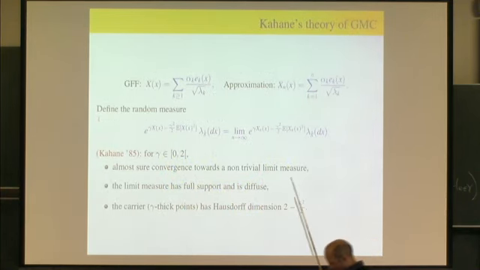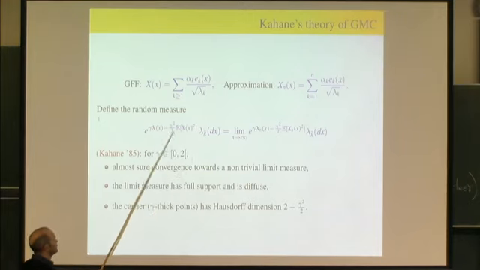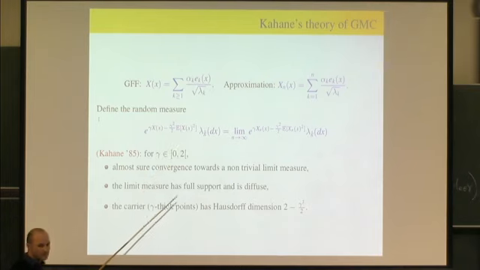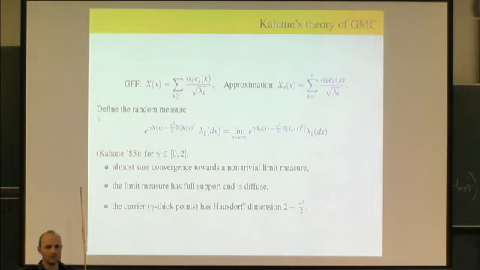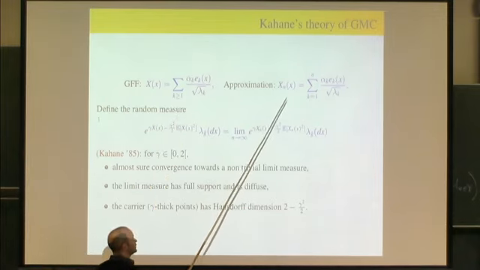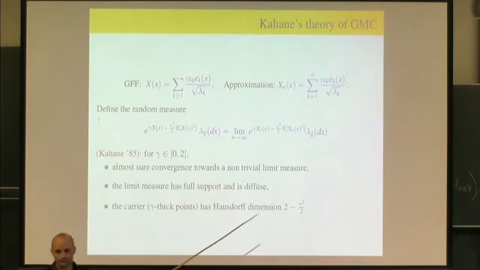Basically this kind of representation is what you need to apply the current theory of Gaussian multiplicative chaos. Forget for one moment this term here. You want to define this random measure, and you know that you are dealing with a very bad function. The first thing to do with a very bad function is to regularize it a bit. As you have this nice representation, to regularize your field you take the partial sum of your series.